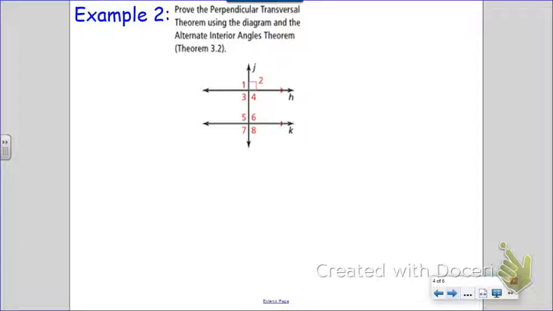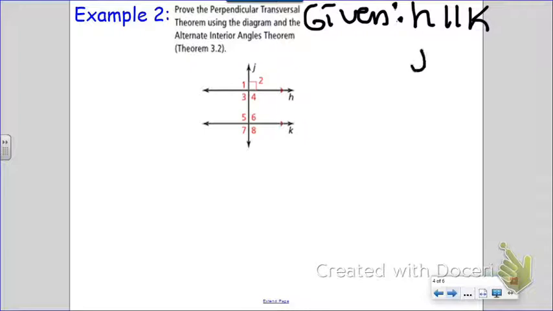We're given by the picture that we have parallel lines, H is parallel to K. We're also given by the picture that line J is perpendicular to line H, and we're going to prove then that J is perpendicular to K.